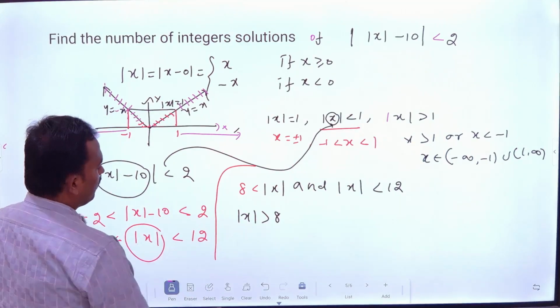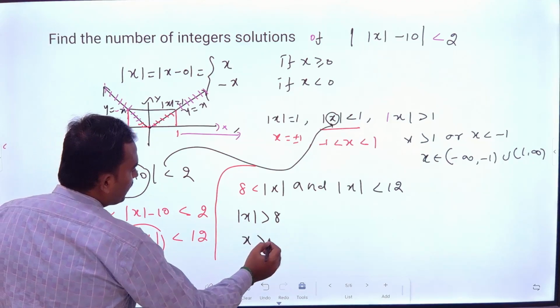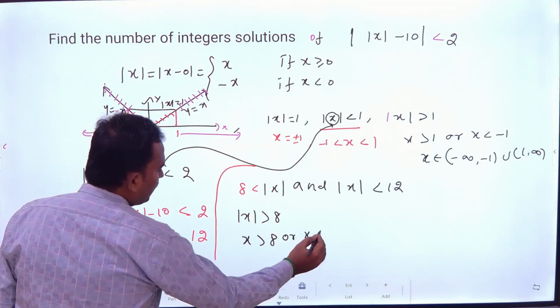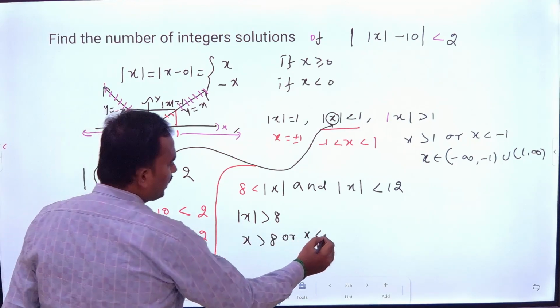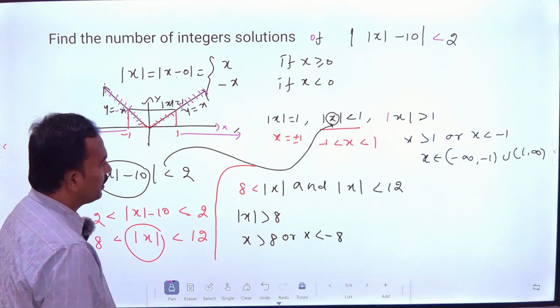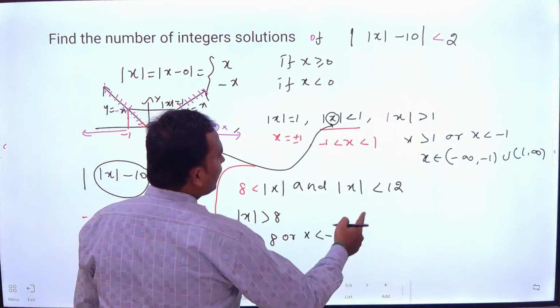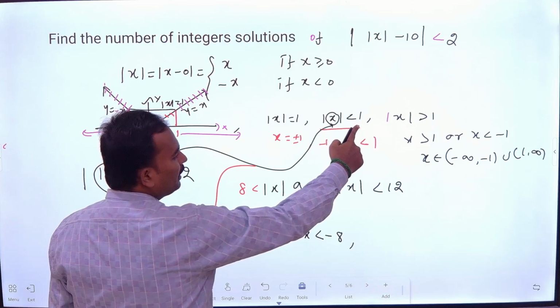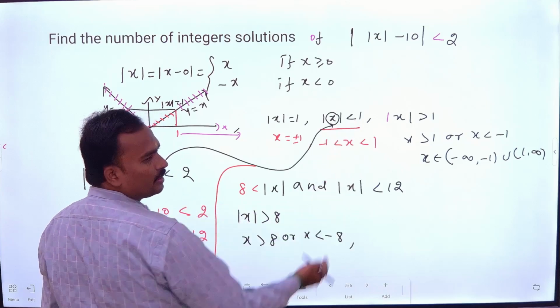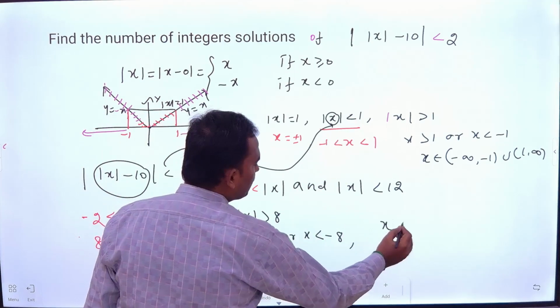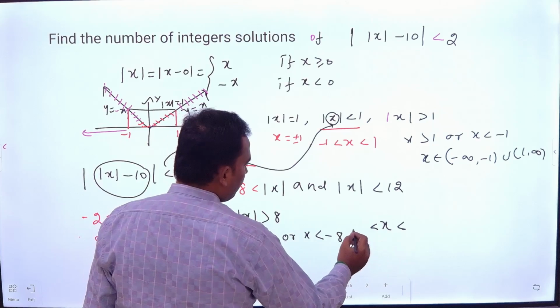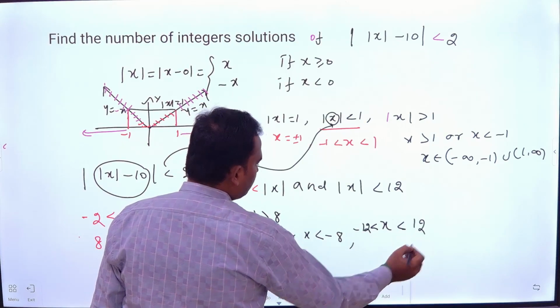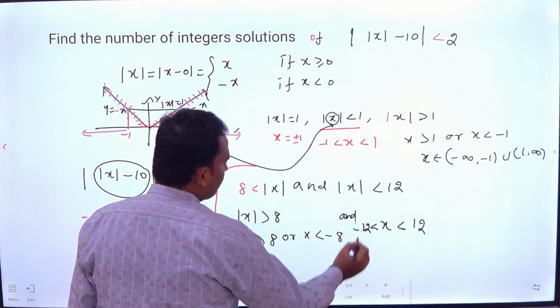The x should be greater than the right side or x should be less than the negative of the right side. Simply remember this. Mod x less than 1 means x falls between minus 1 and 1, the same idea here, so x will be between minus 12 and 12.